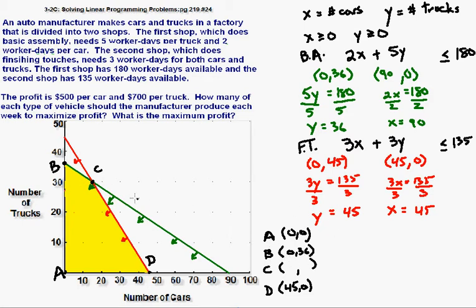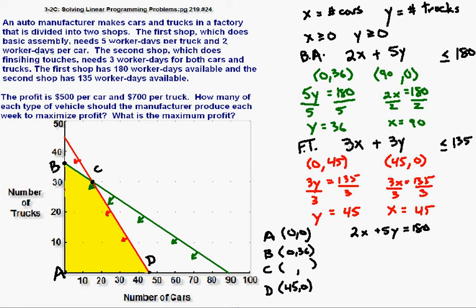So C is an intersection of these two lines. Looking just at the lines now, we're not looking at an inequality. So the first one is 2x plus 5y equals 180.